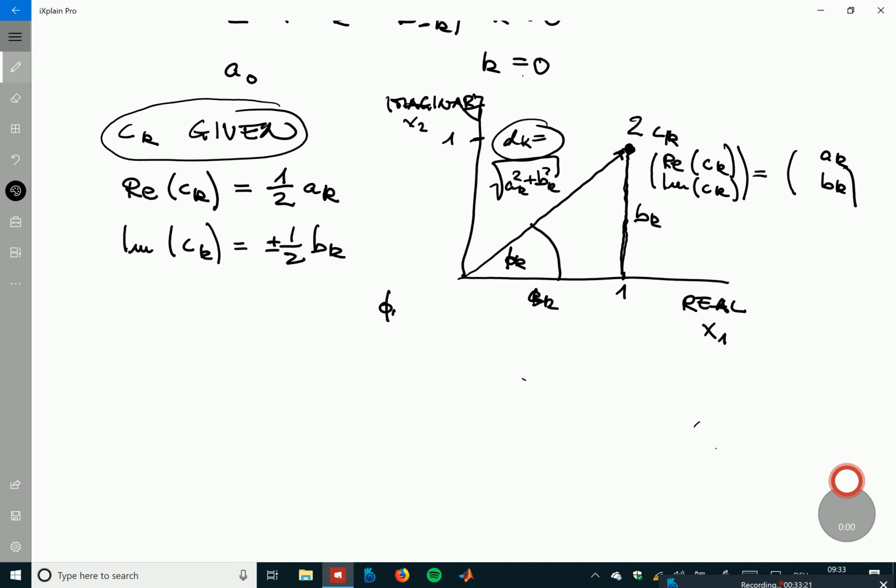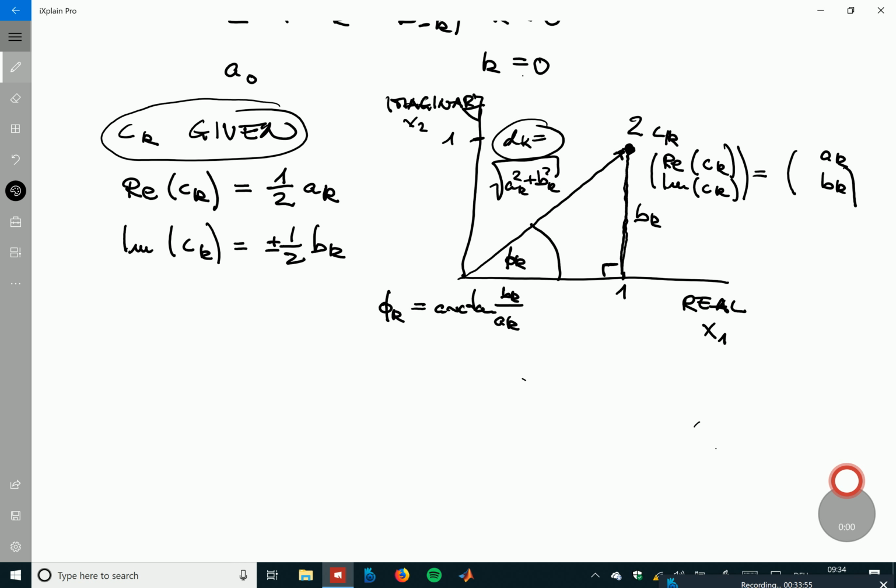This can be computed as arctan of bk divided by ak, which is also something that you played with in school. That might be surprising now, but it's essentially just from doing the trigonometry of rectangular triangles.